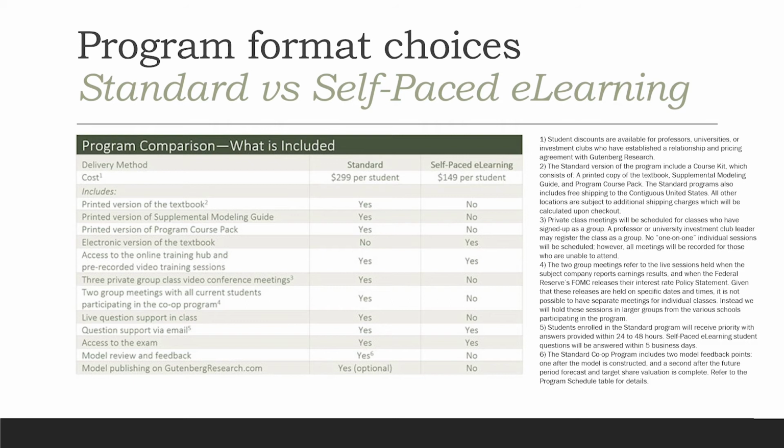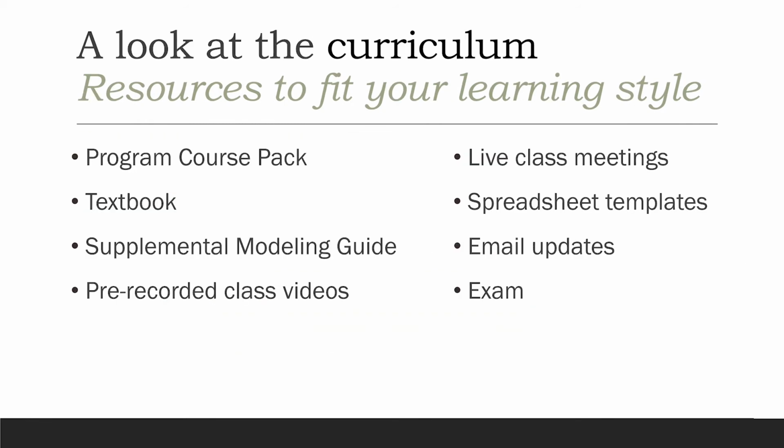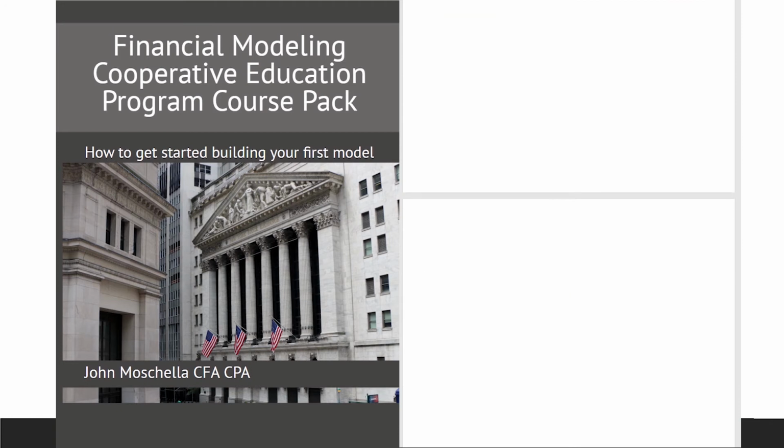So next, I want to just go through the different parts of the curriculum. So you can see, as part of that whole concept of people have different learning styles and trying to make sure that you get whatever it is that you need for your specific learning style, we actually have a bunch of different pieces of the curriculum. So first, it starts with the program course pack. The course pack is really the details about what you need to complete the program.